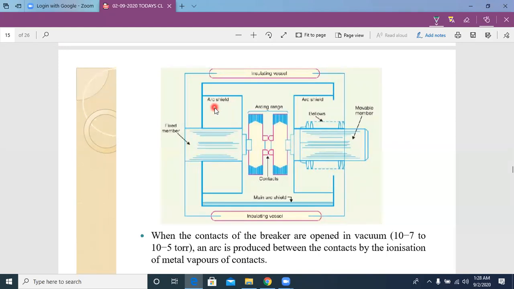And this one is the arc shield, made of synthetic resin. The main function of the arc shield is that it absorbs the vapor produced between the contacts when the arc is initiated.